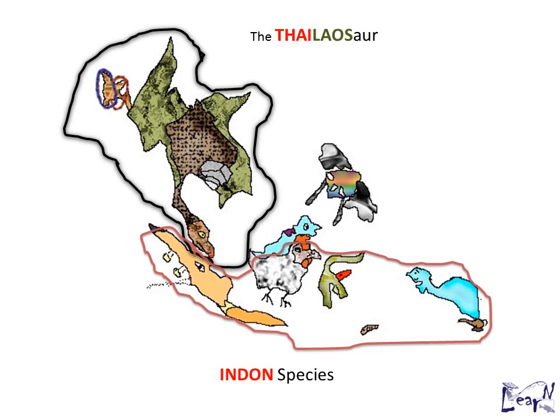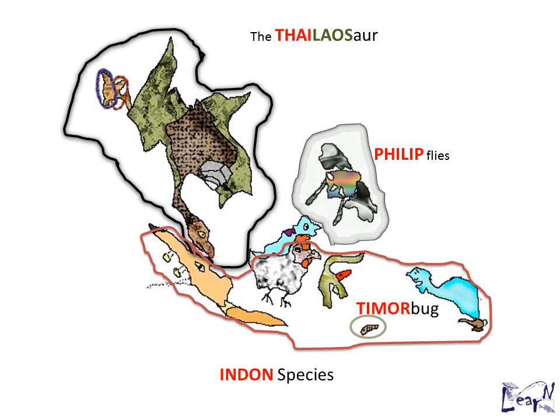The Indon species are basically for Indonesia, and we have divided it into a few illustrations so that you can remember some of the islands within Indonesia. Then we have the Philip flies, and finally the Timor bug. Let's get down to business now and start learning our Southeast Asian map through our species.